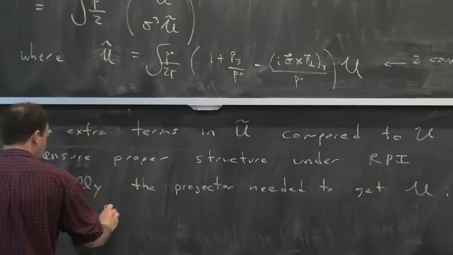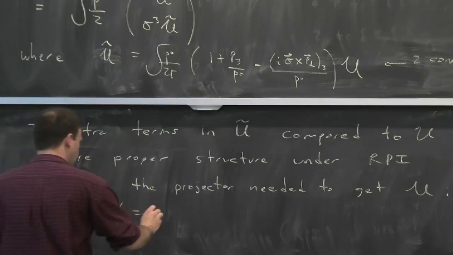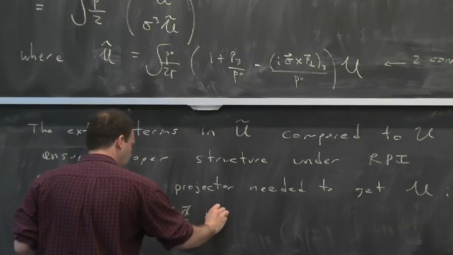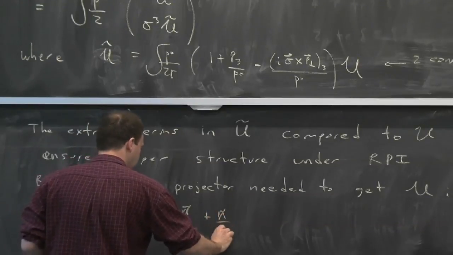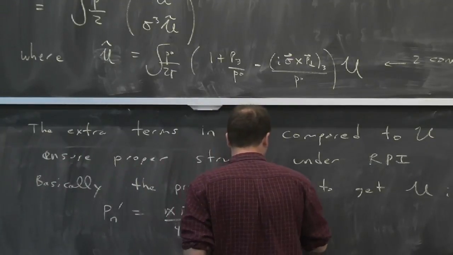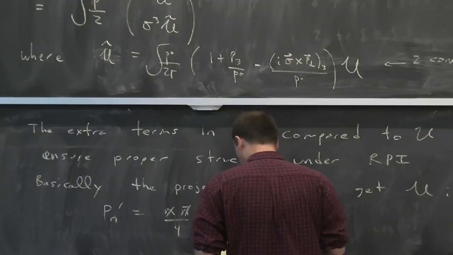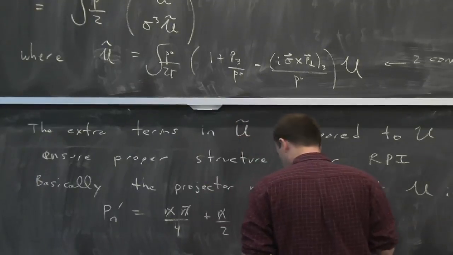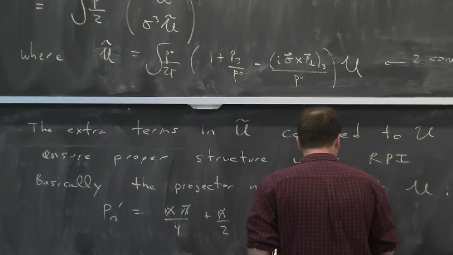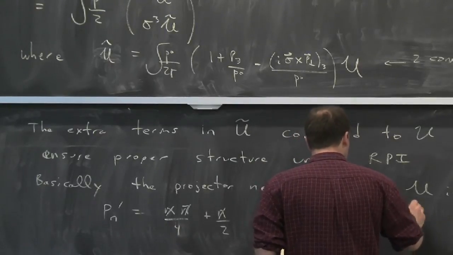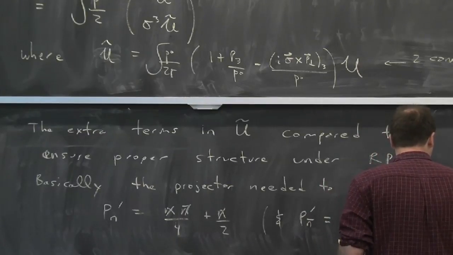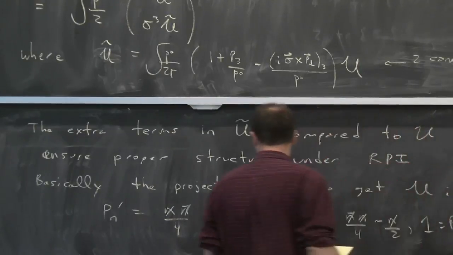Which I'll call P_n prime. So we could have used a different projector, which is this one. And then we could have come up with another projector, which was the P_n bar projector, which would satisfy that the sum is 1. If we wanted.